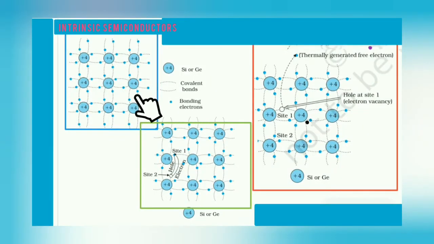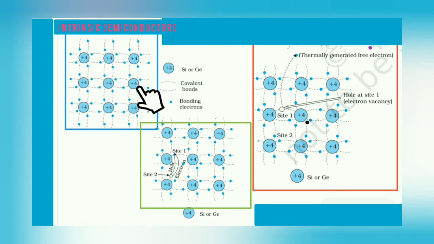See here, this is the case of a pure semiconductor. This filled circle shows the bonding electrons, this is the covalent bond, and this is the silicon atom or a germanium atom.